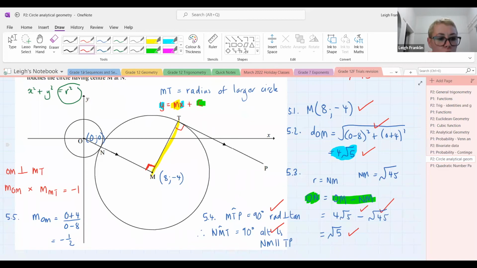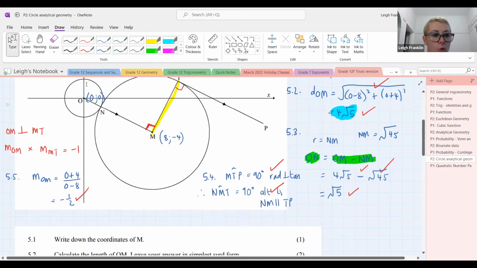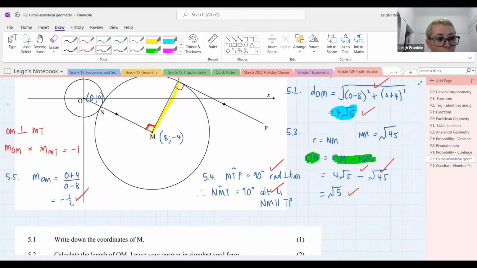Then we state that the gradient of OM times the gradient of MT equals -1, because angle OMT equals 90 degrees.